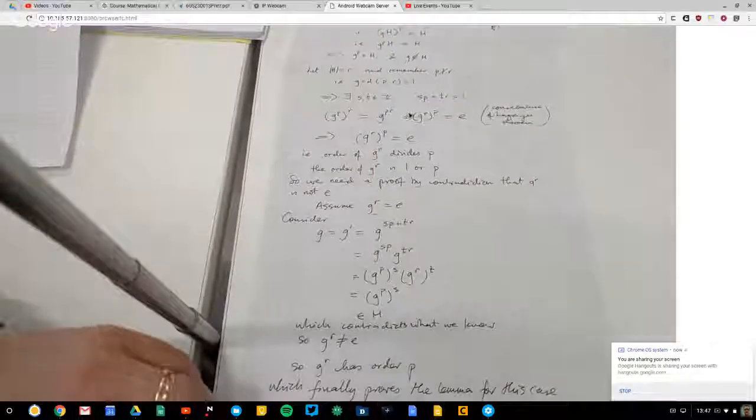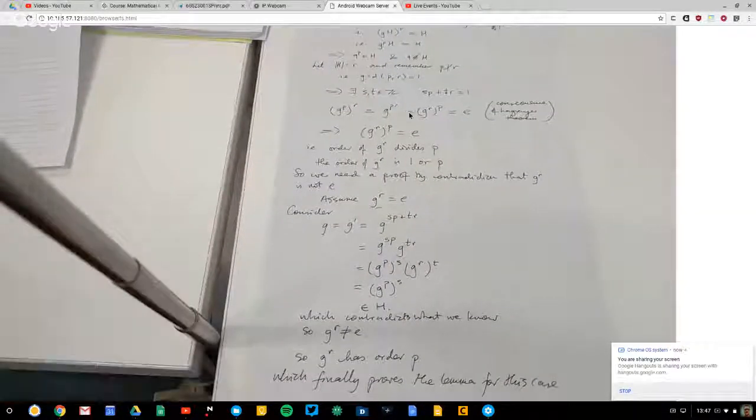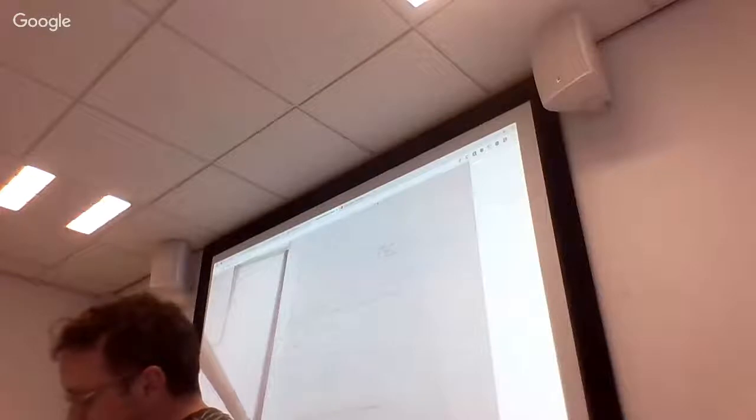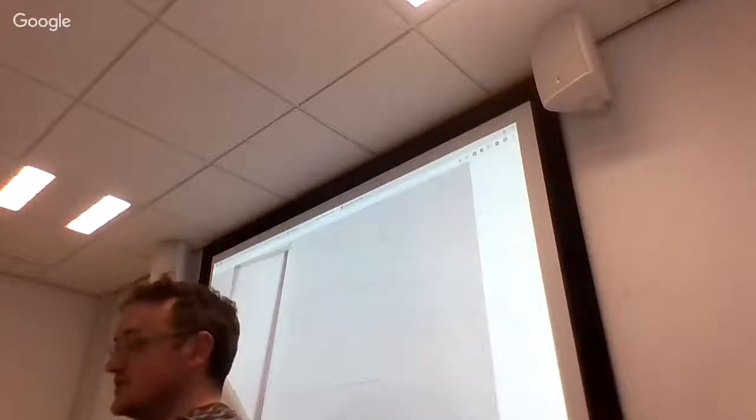And what you just want to appreciate is that we've proved the lemma in all cases. So therefore g has an element of order p in all cases.